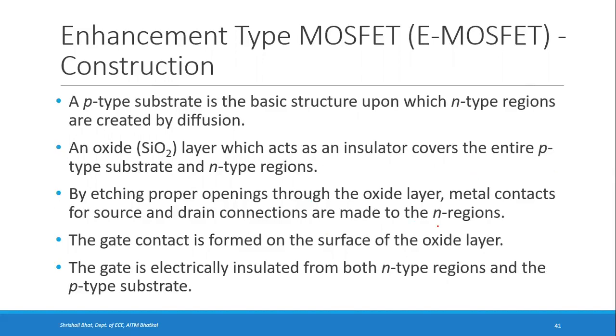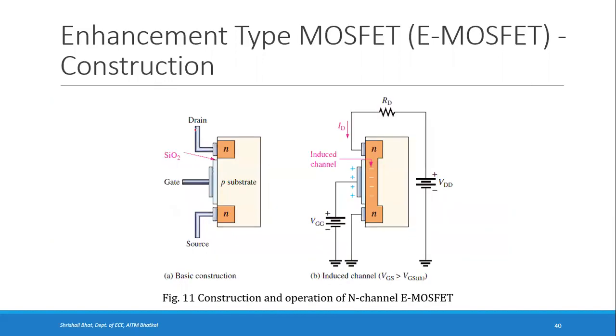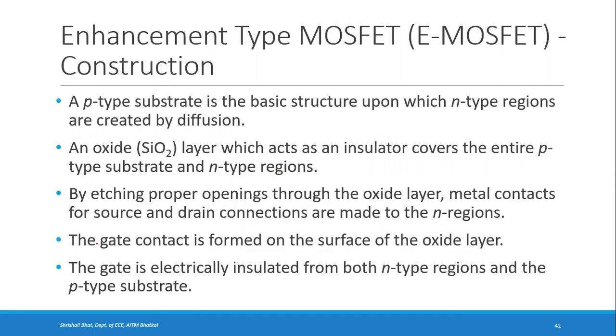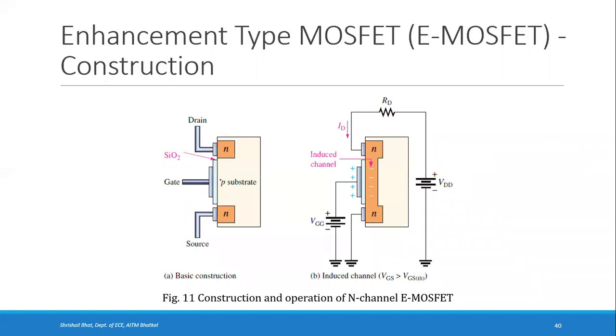The gate contact is formed on the surface of the oxide layer. The gate is insulated, so over the oxide layer, which acts as an insulator, you connect the gate. The gate is separated from the channel through this insulating material.